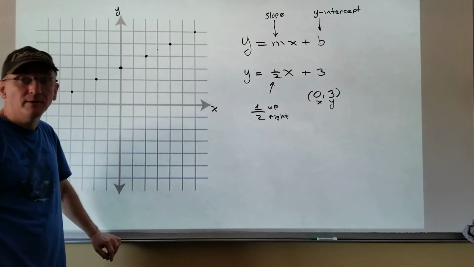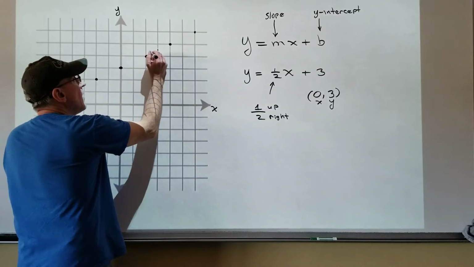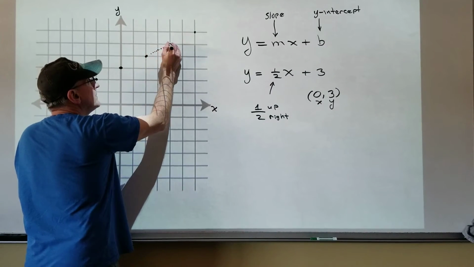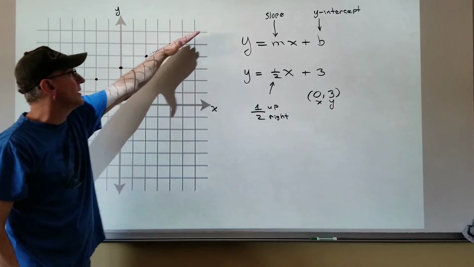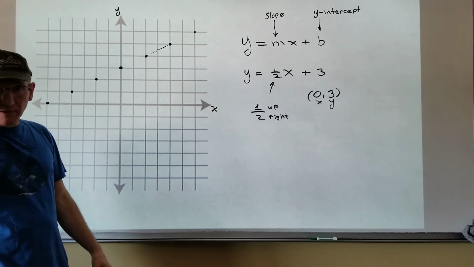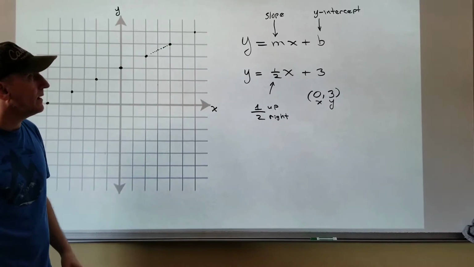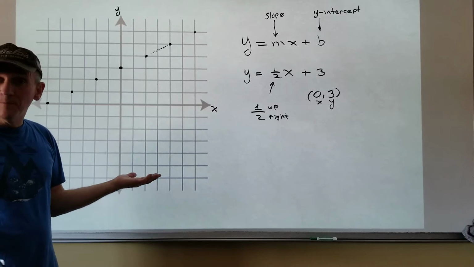That's a point on the line too, as are all of these points in here. So you really need to draw a nice straight line through here using a meter stick or a yardstick or something like that. That was pretty easy, wasn't it?